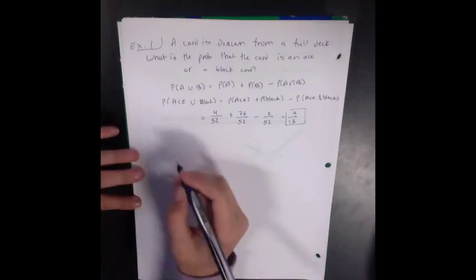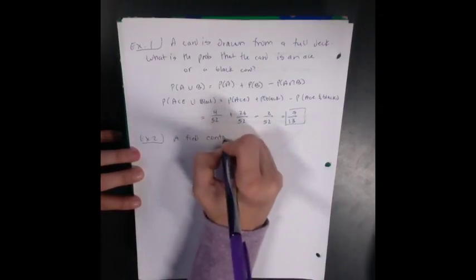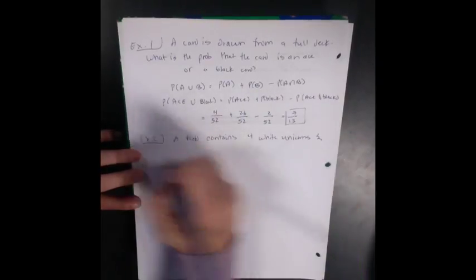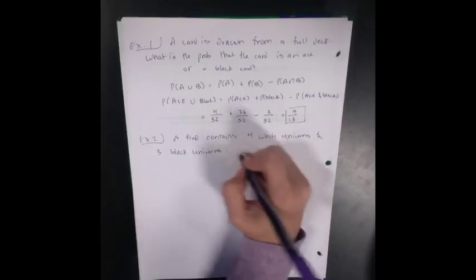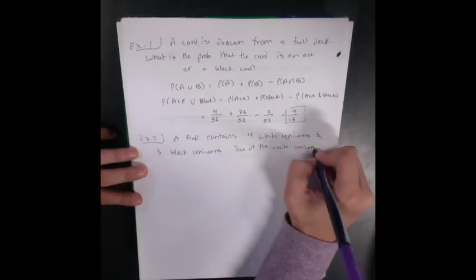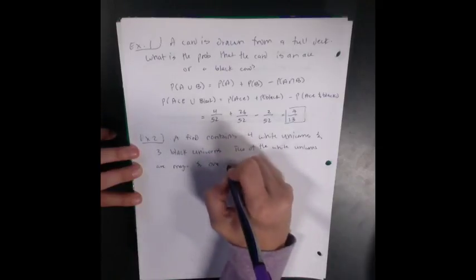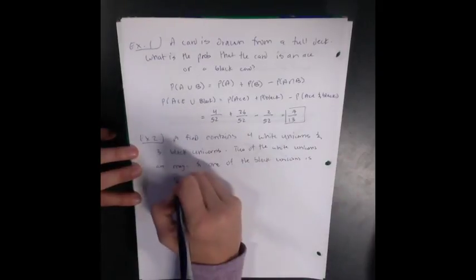Okay, let's do another example. A field contains 4 white unicorns and 3 black unicorns. 2 of the white unicorns are magic, and 1 of the black unicorns is magic.